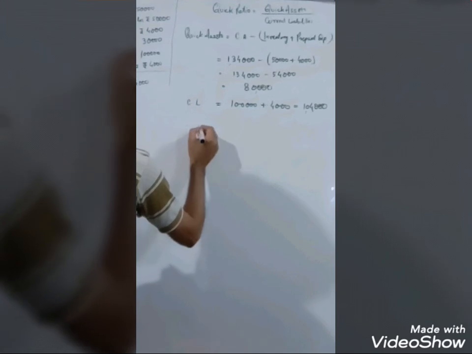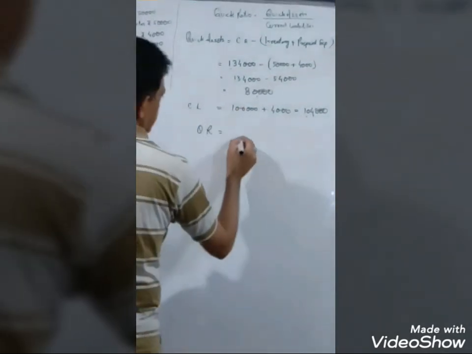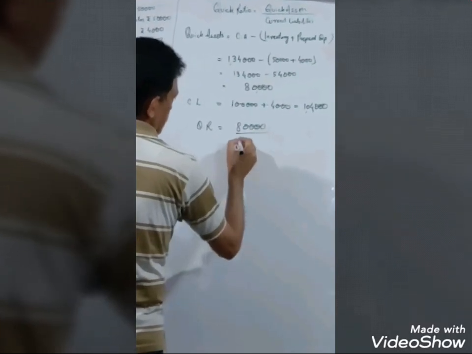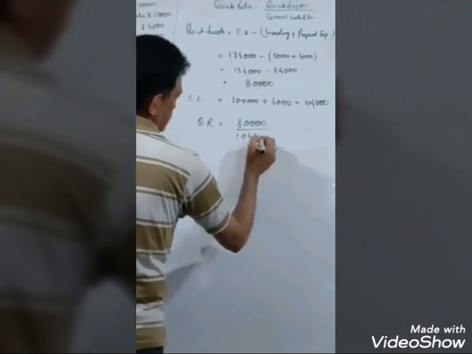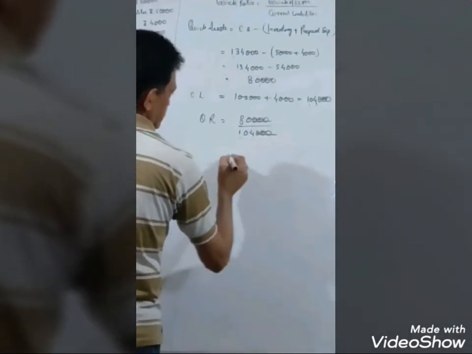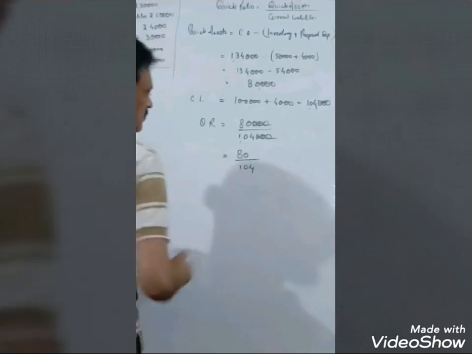Now for calculating quick ratio or liquid ratio, quick assets 80,000 divided by current liabilities 1,04,000. Now we will divide this, we will get 80 divided by 104.